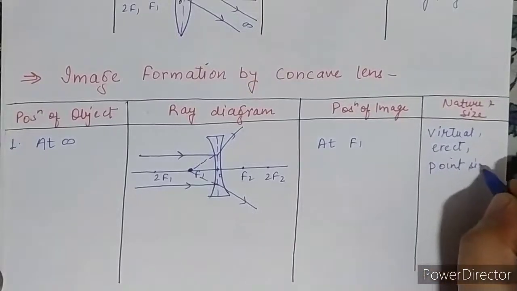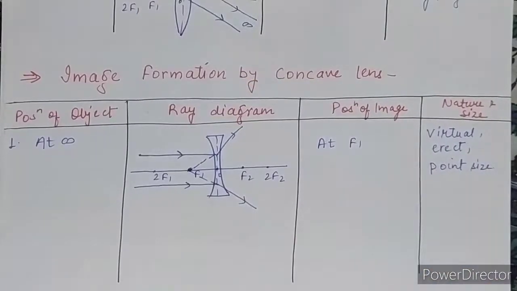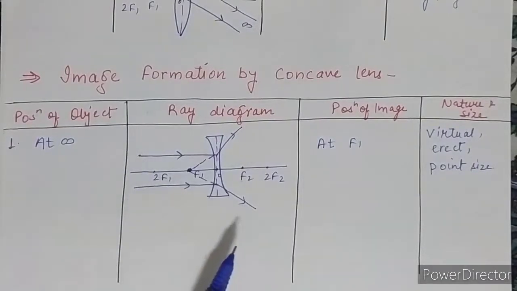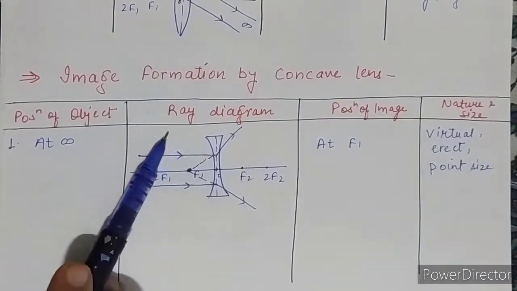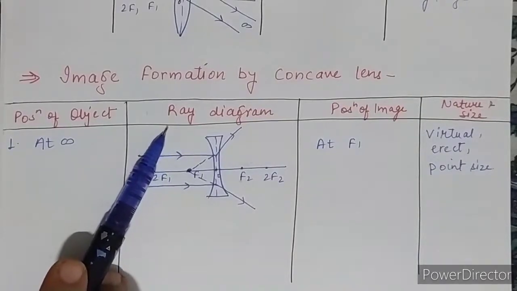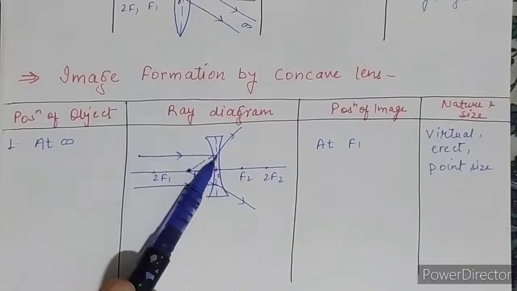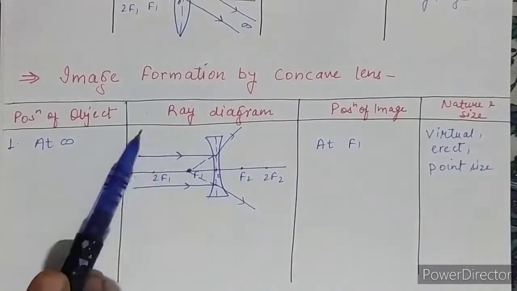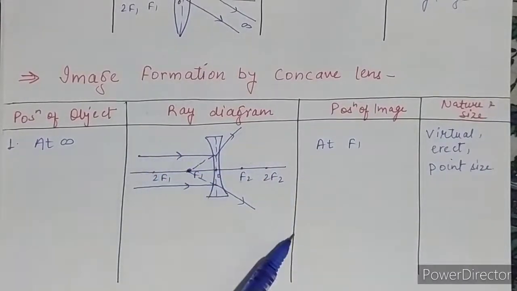Here we consider the point size, as the rays are parallel. If the rays are not parallel, then also we make the diagram. The first ray comes, suppose from a focus point, then it will be parallel. The second comes from the optical center, then also we take the same thing.